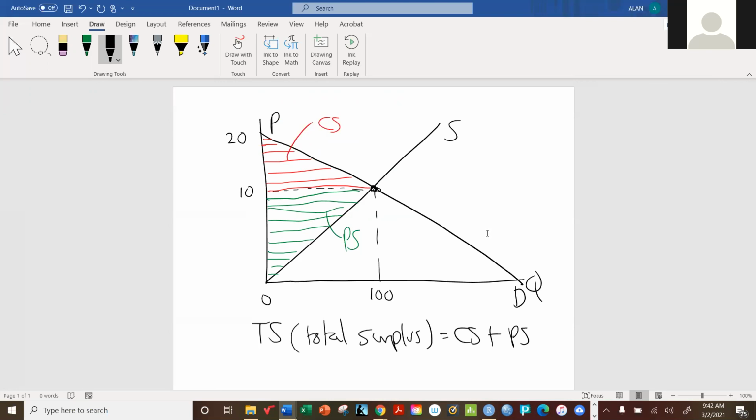That leaves us with what we call deadweight loss. We don't want any deadweight loss, do we? But if the prices simply shift around and the demand and supply curves shift without any government interference, then if consumer surplus goes up, producer surplus has to go down by the same amount, and vice versa.